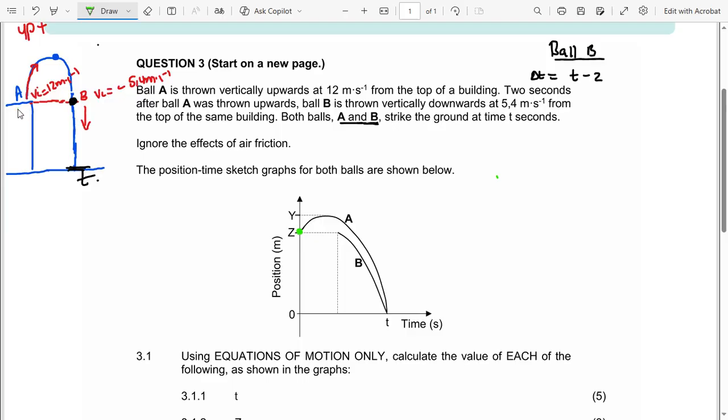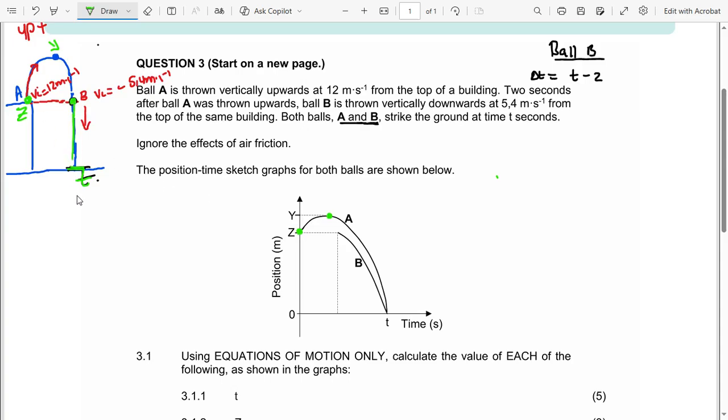So this is your Z. Okay, that point there, that's your Z. Then it is projected up to the maximum height. So this is point Y. The maximum height is at Y. Then it goes down to hit the ground, which is point t. That's your t. Okay. So for ball B, I think you can just see that ball B starts here, then it travels down.